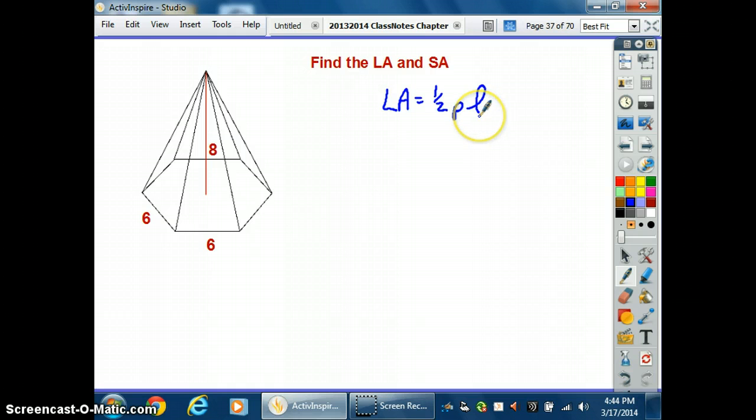All right. 1/2, our perimeter here is 6 times 6 is 36, and our slant height. Well, let's continue drawing in this triangle. We'll come out here, make it a right triangle, and we'll draw in our slant height.